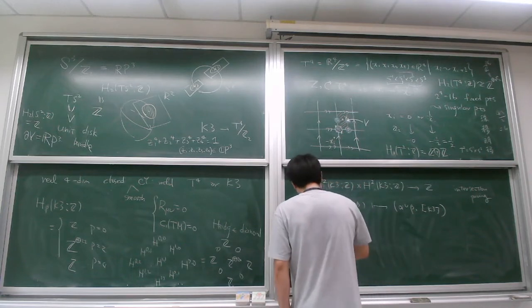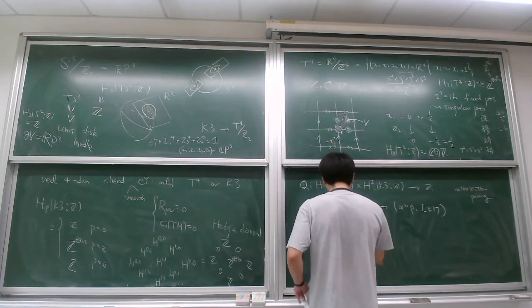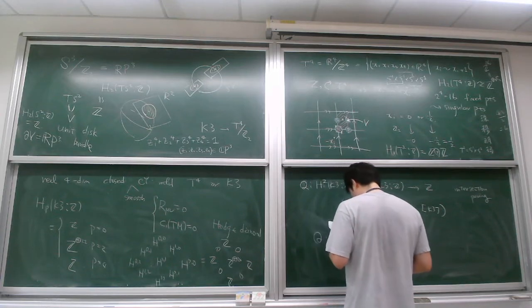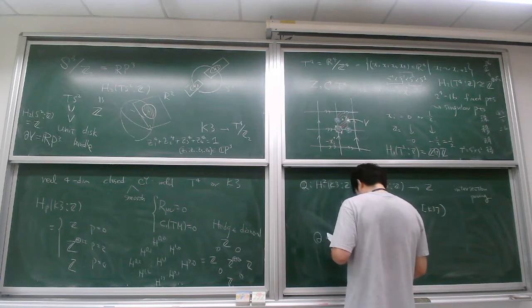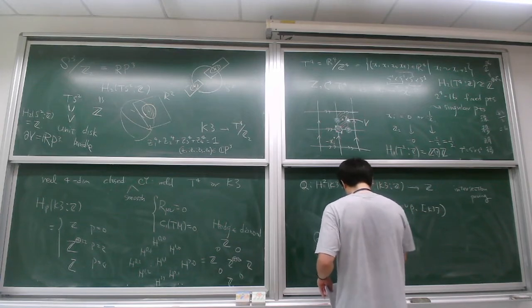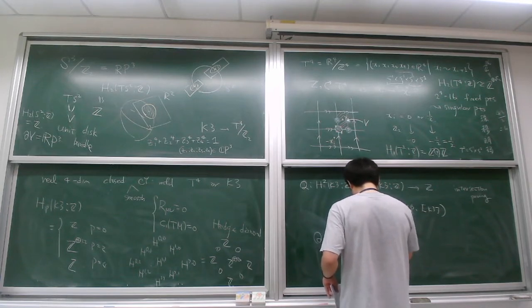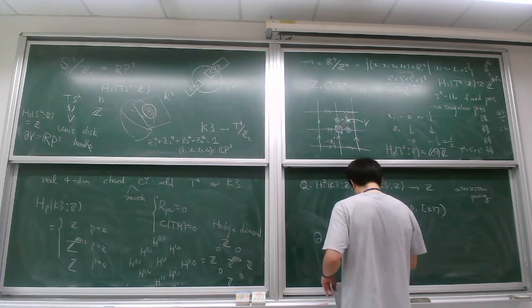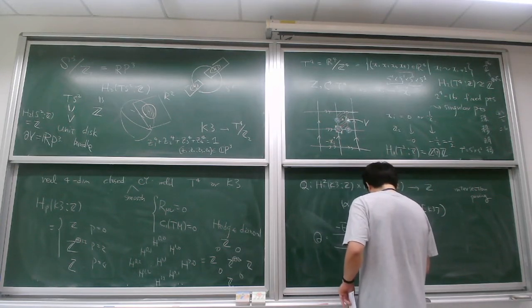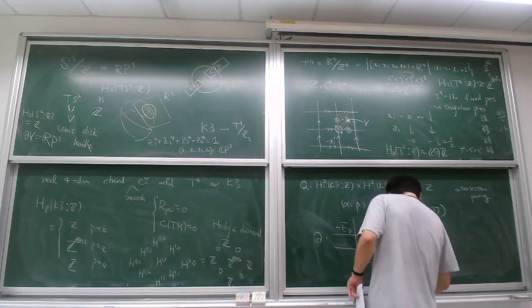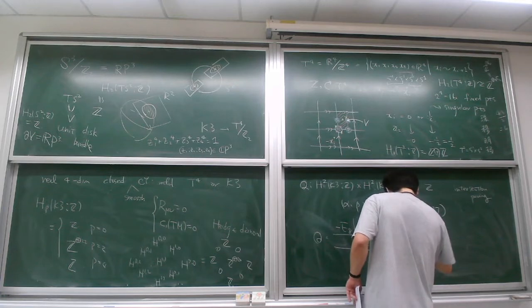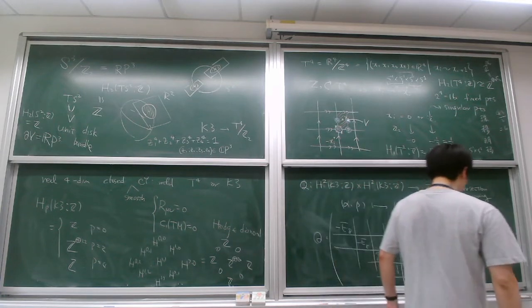So this intersection matrix becomes the following: E8, minus E8, and then 1, 1, 1, 1, and so on. Sorry, I should write it this way. So the intersection matrix becomes like this one.